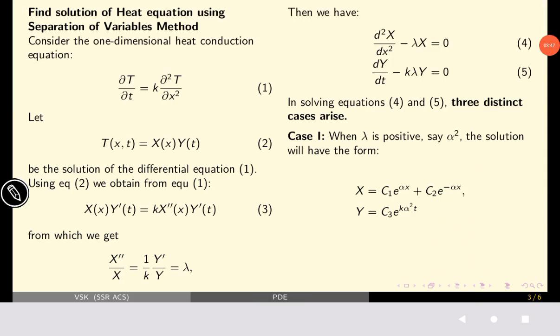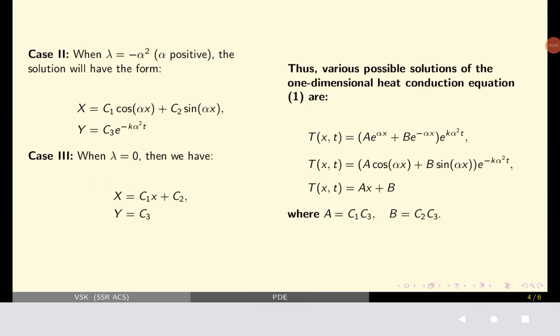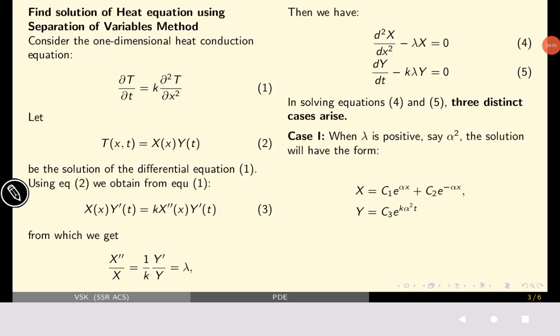Now let us see case number 2, when lambda is equal to minus alpha square, where alpha is positive. The solution will be of this form. Again, how do we find this? So this is the equation.